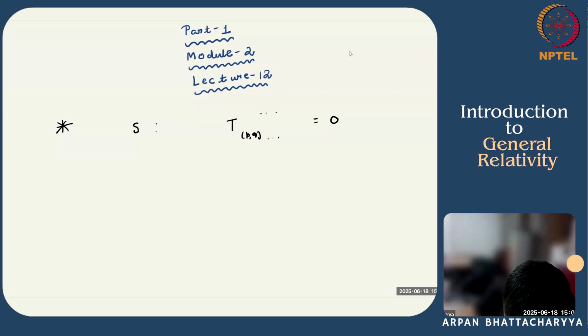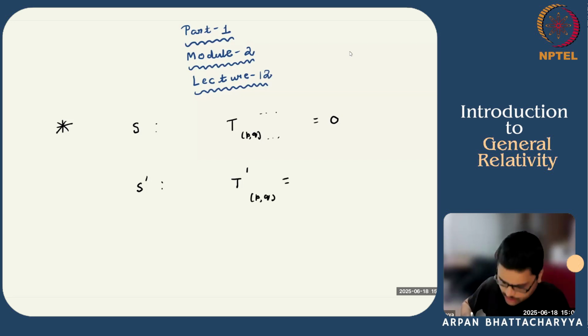And suppose we go to another inertial frame S prime, let's say the rest frame of the particle. Then T will become some T prime, and we know how this T prime comes from T by multiplying with appropriate Lorentz transformations or inverse Lorentz transformations.